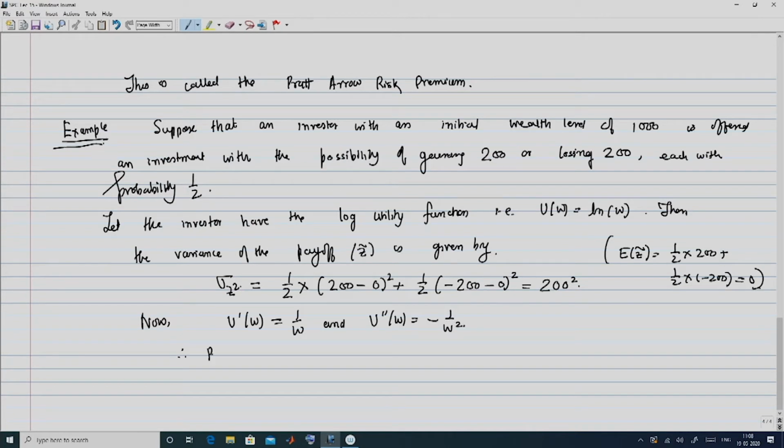So, therefore, the Pratt-Arrow risk premium phi of w z tilde is going to be half sigma z square into 1 over w, and this is going to be half into 200 square into 1 over the initial wealth level 1000, and this turns out to be 20.